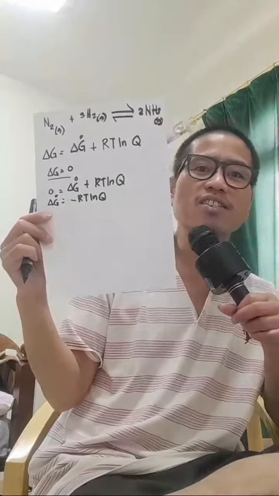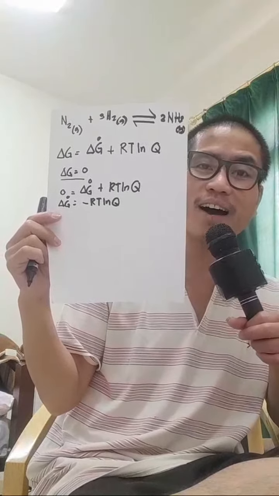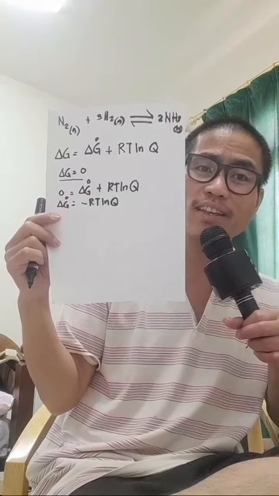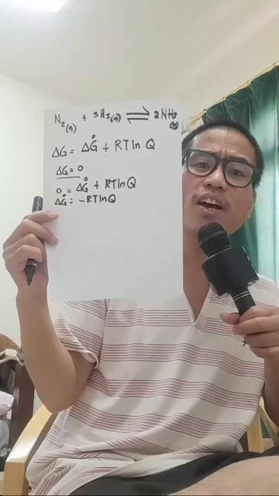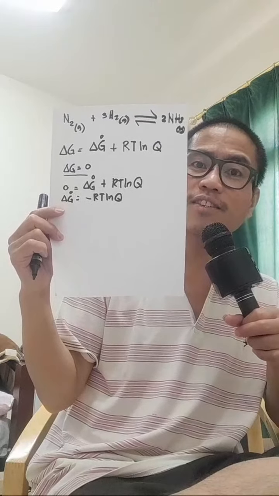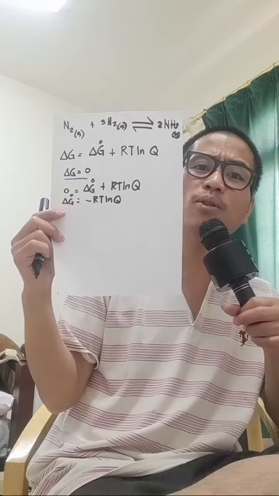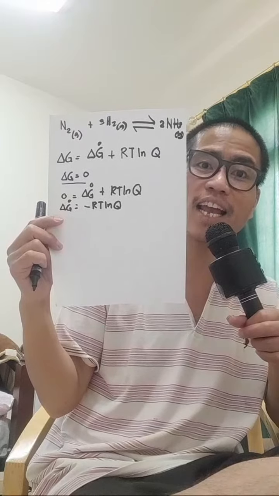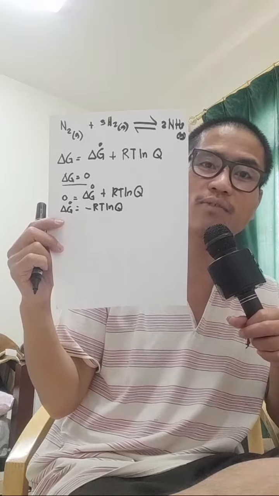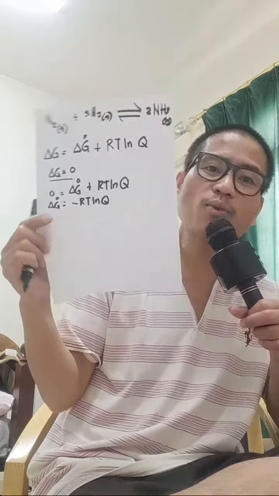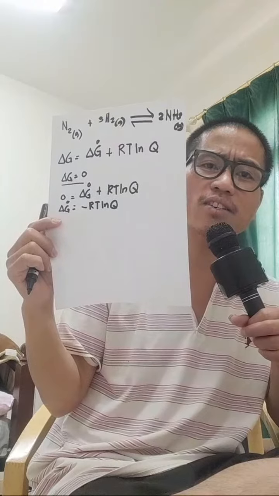Delta G is found in the second law of thermodynamics. What is delta G? Delta G, or change of free energy, is a quantity that identifies how spontaneous or non-spontaneous a chemical reaction is. You have now a definition. And then R. What is R? The universal gas constant.